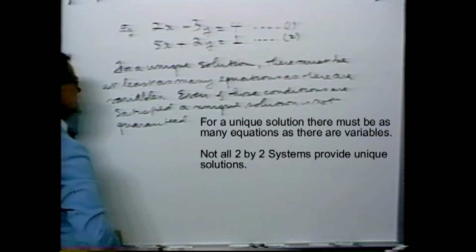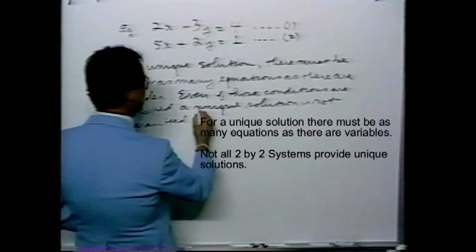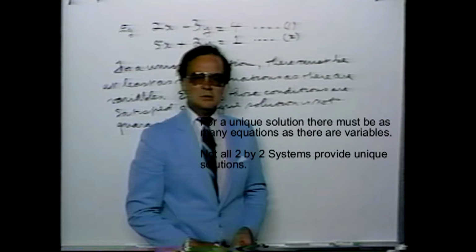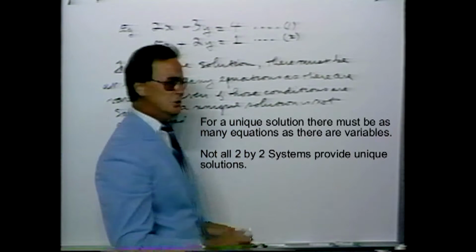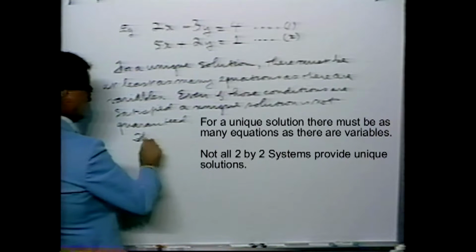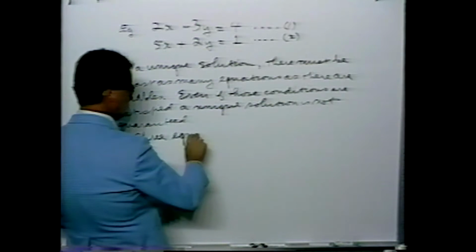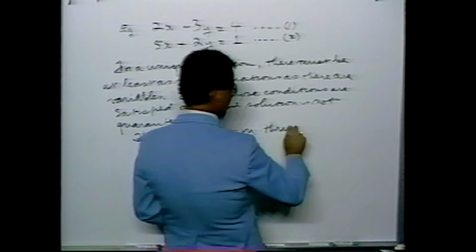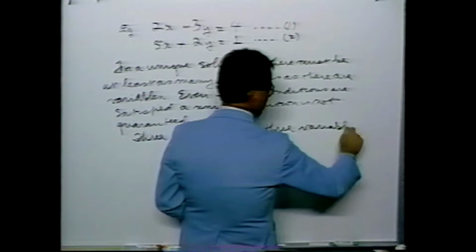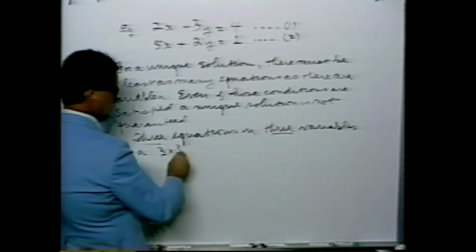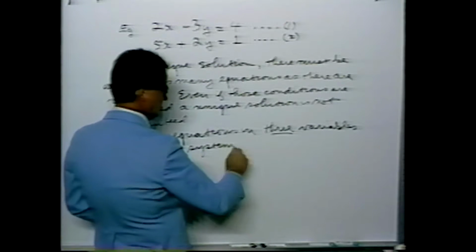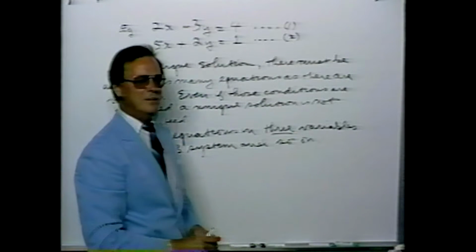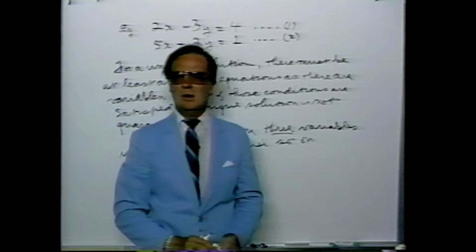So even if those conditions are satisfied, a unique solution is not guaranteed. 3 equations in 3 variables is a 3 by 3 system, and so on. So you have 4 by 4 systems, 5 by 5 systems, and so on and on.